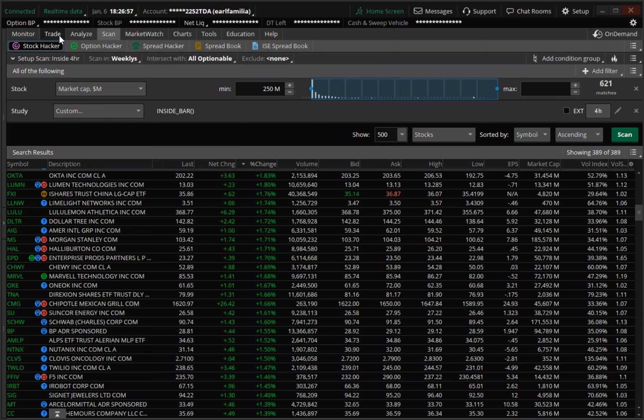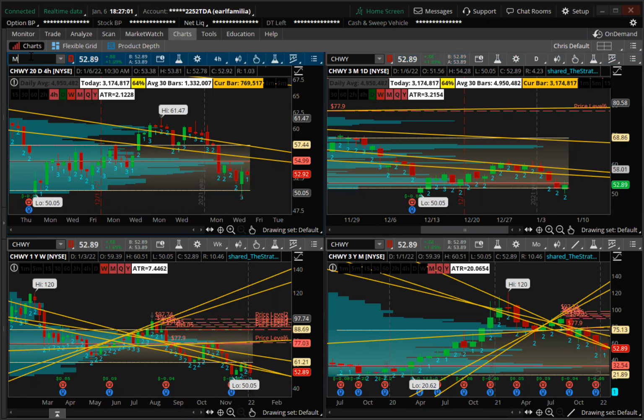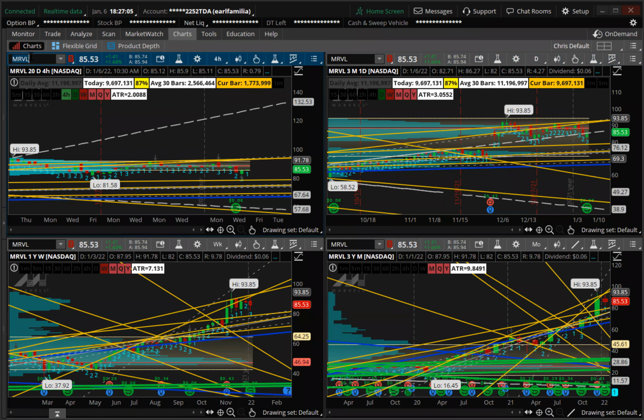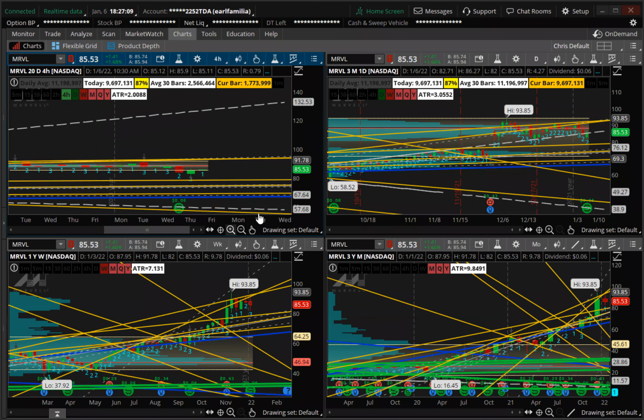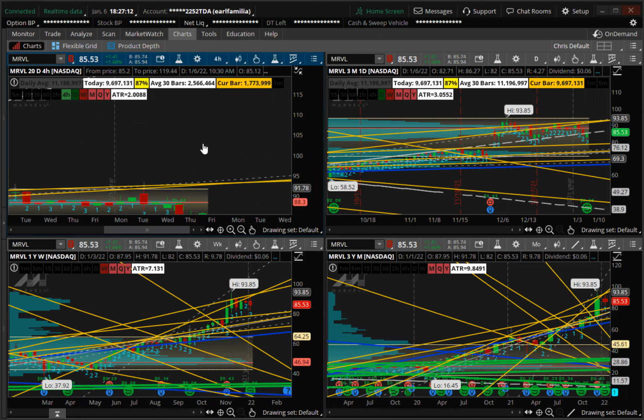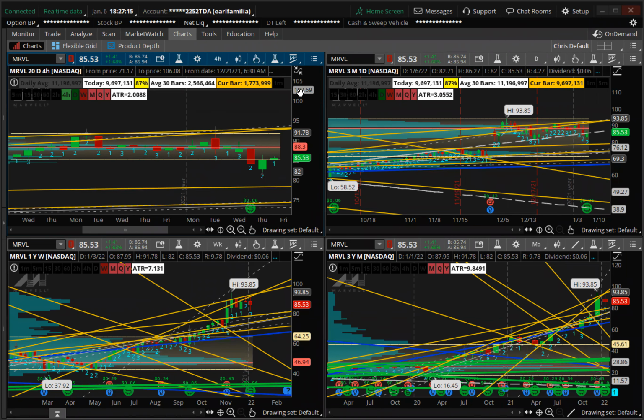Marvell. I like it when it's like this, because stocks that have relative strength will show themselves very quickly tomorrow.